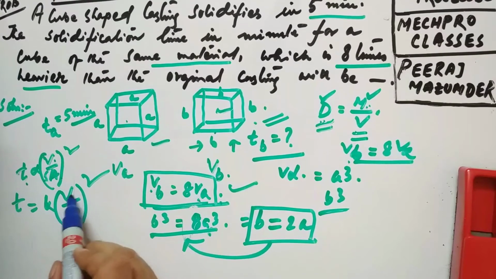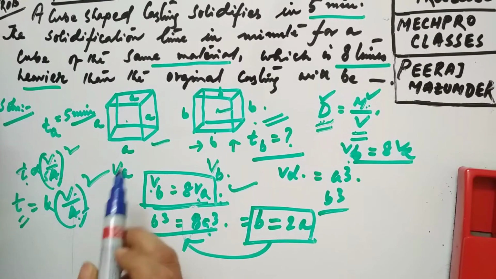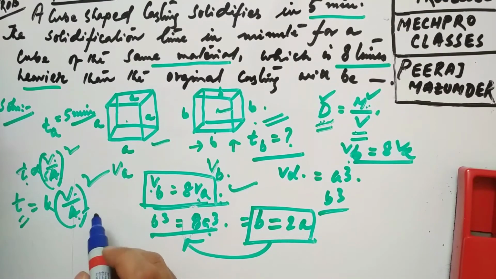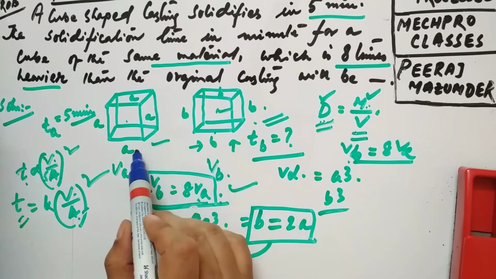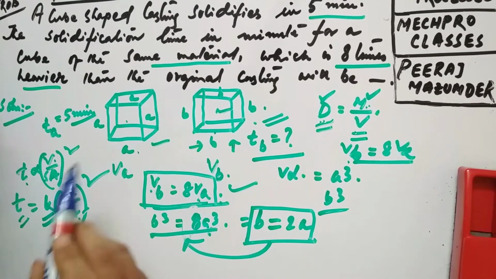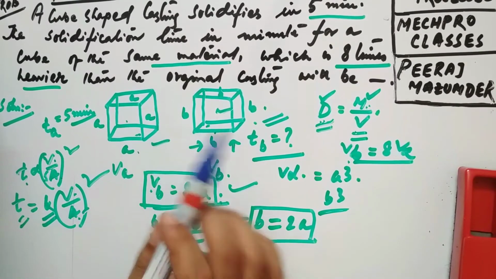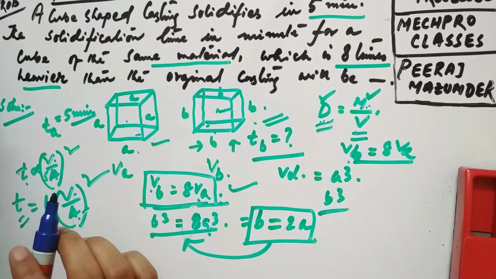Now look, for finding the solidification time, you have to find the volume as well as the surface area. So in order to find the volume and surface area, you have to find a relation between the sides of the two different castings. Now look, because we are going to cast the same material, you can simply cancel out the K, that is the proportionality constant. Okay.